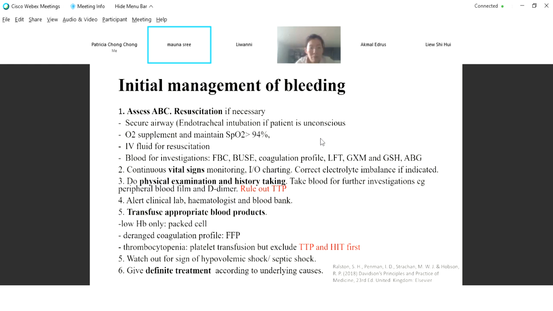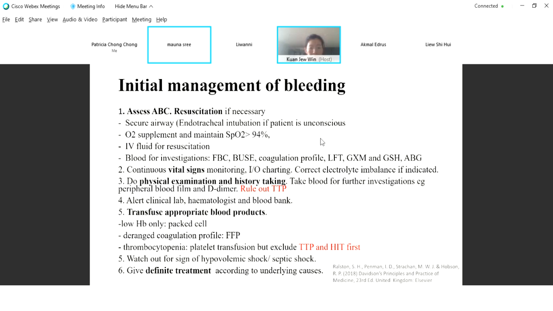We have to maintain the SpO2 more than 94%, and also give IV fluid for resuscitation. Blood should be taken for investigations such as full blood count, BUSE, and other investigations that I've stated just now. We have to continuously monitor the vital signs, do input-output charting, and correct electrolyte imbalance if indicated. And it is also important to proceed with physical examination and history taking.